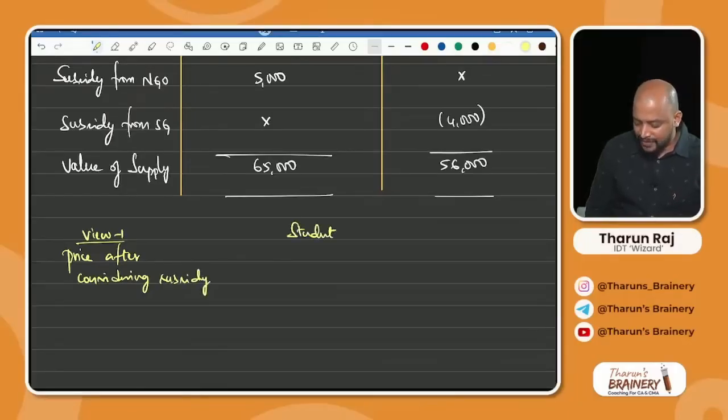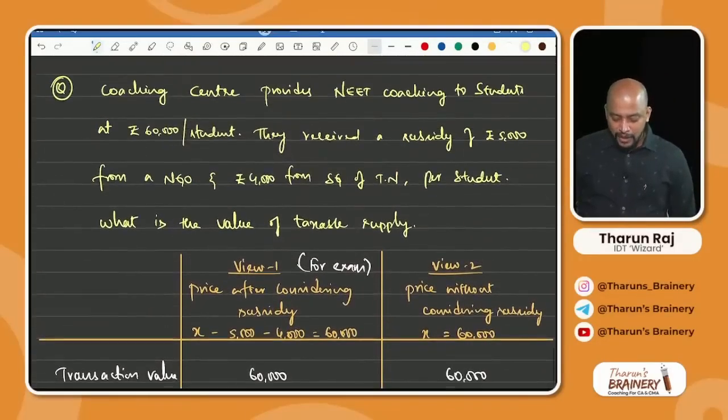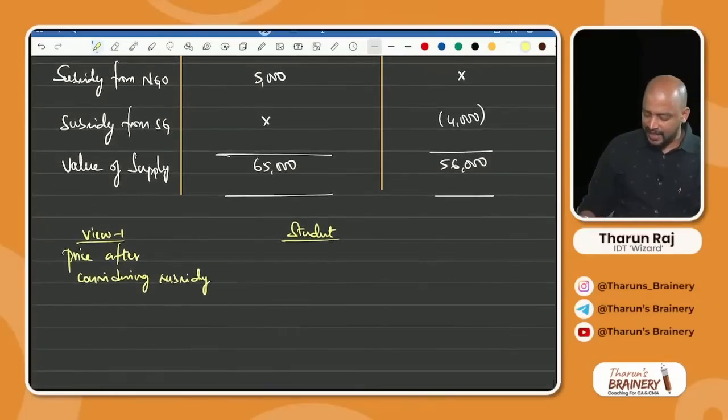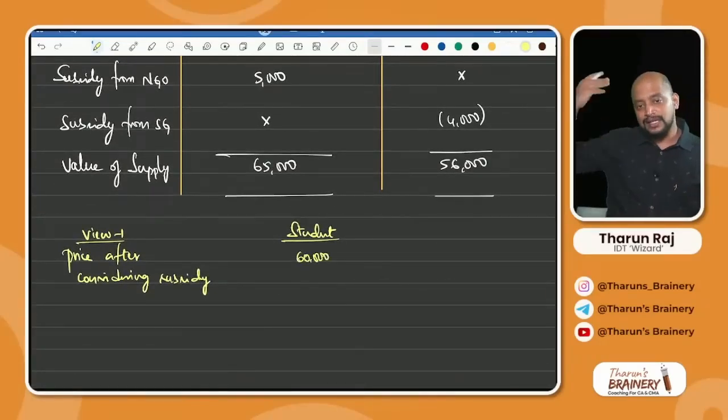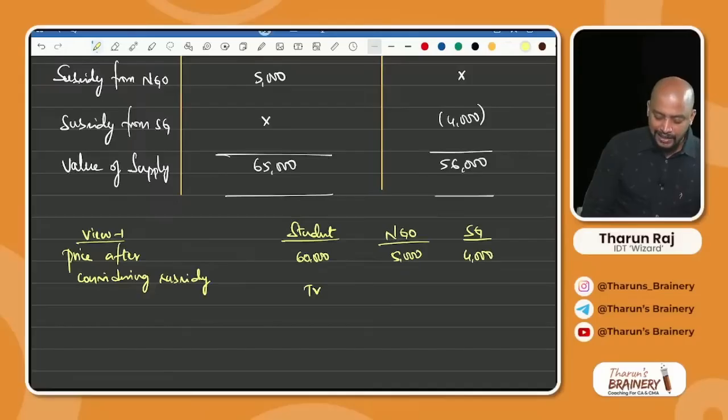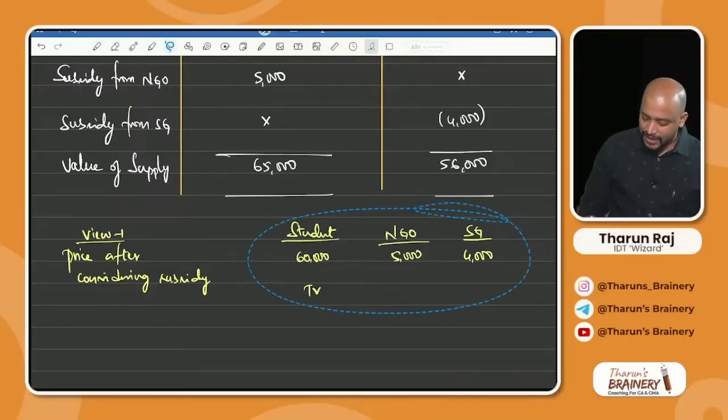From the student we will receive 60, because there is some original price. And from NGO how much will we receive? That is 5,000. And from state government 4,000. So this will be taken as the transaction value.